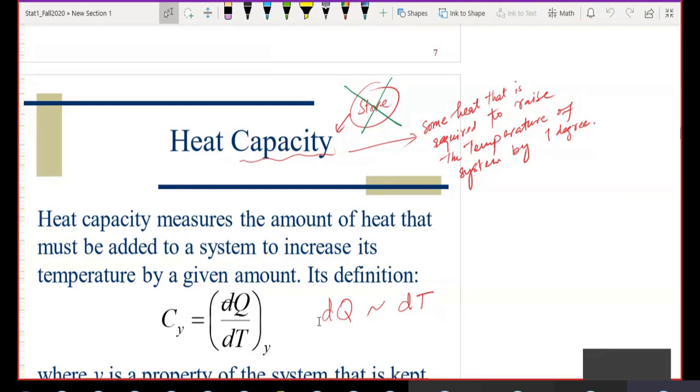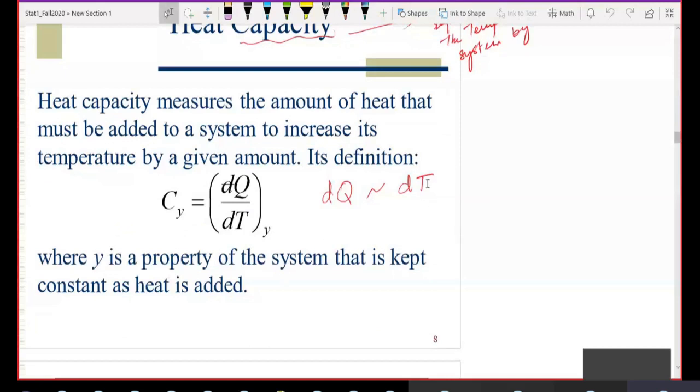This is dq, meaning the amount of heat, and this is dt, the increase or decrease in temperature. If we remove heat, then the temperature will decrease. And when we shape it in the form of an equation, then we add a constant to it, and we call that constant C dt. This is how heat capacity is defined.